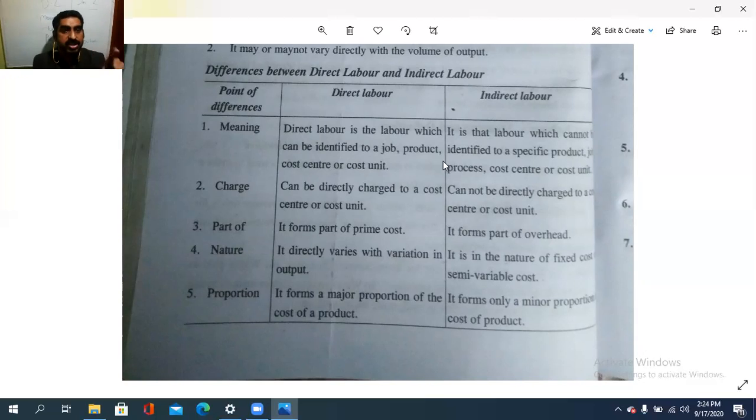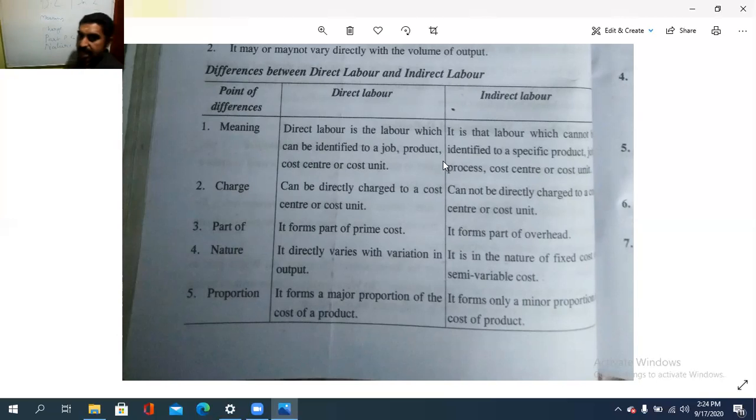If it affects the production process, it varies according to the volume of the output. Indirect labor, meanwhile, is in the nature of a fixed cost and a semi-variable cost, that is, half variable and half fixed.